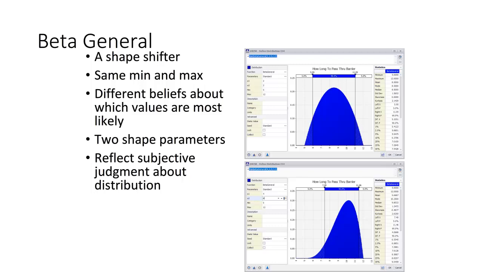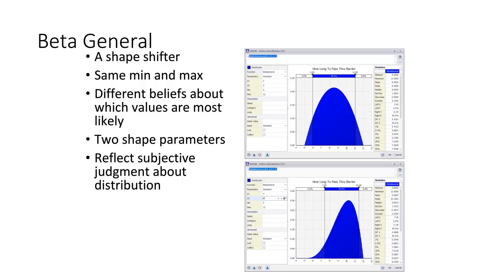We might have different beliefs about which values are most likely. We might say, it's perfectly random and use a shape like you see at the top, where we're saying somewhere in the middle is most likely. If we're near the mean of those two values, that's the most likely.